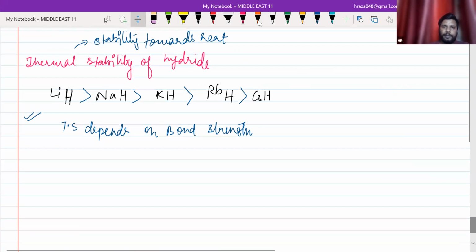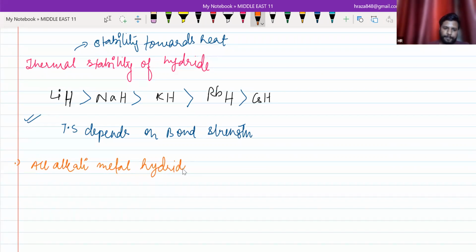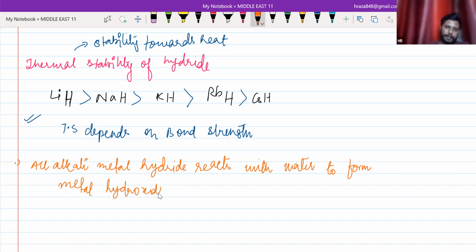Please write it, and then you can write: all alkali metal hydrides react with water to form metal hydroxide.